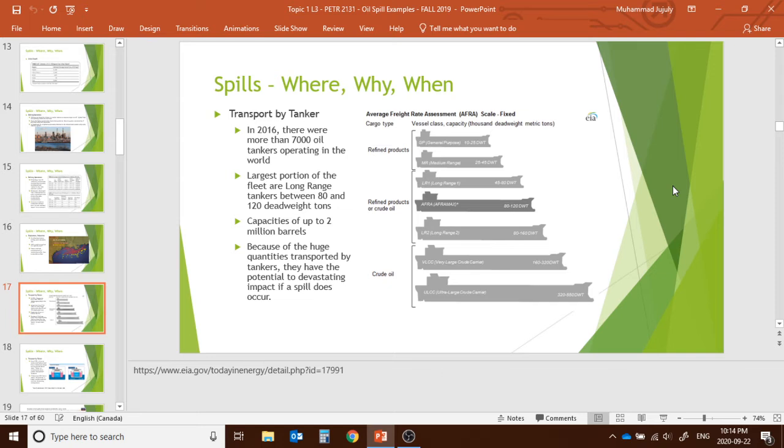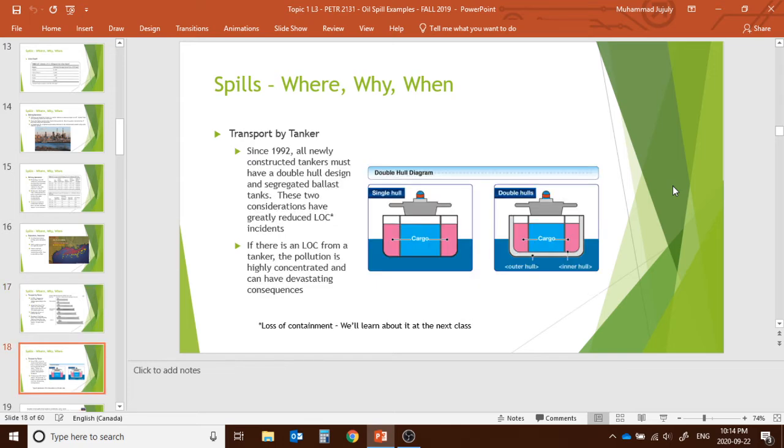In 2016 there were more than 7,000 oil tankers operating in the world, and very recently, near Mauritius, there was a new oil spill incident. If you are interested, you can go to the CBC site and see the most recent oil spill happening in the world right now.